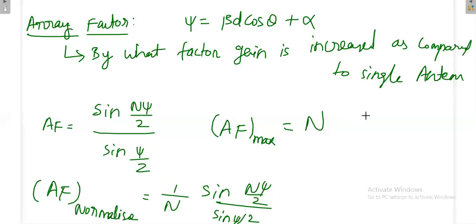It is true because when you have one antenna, you are getting some electric field. When you use n antennas, you will get n times the electric field. There is a chance that you will get n times the electric field, but whether you really get it will be decided by psi. But psi will be decided by theta.